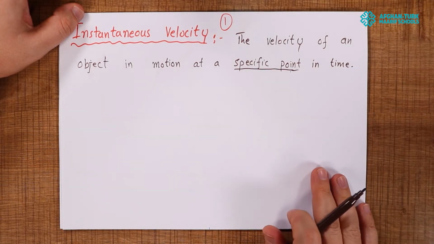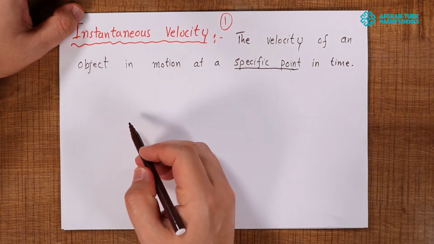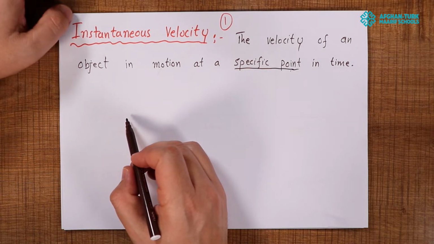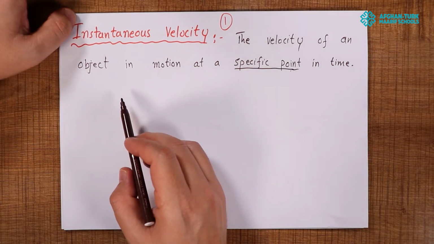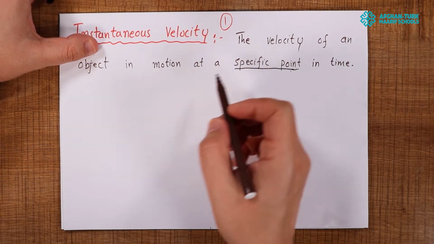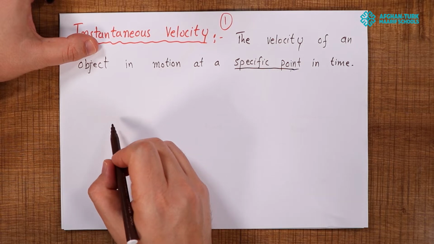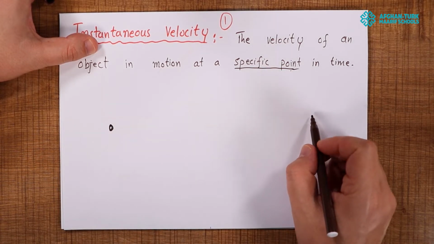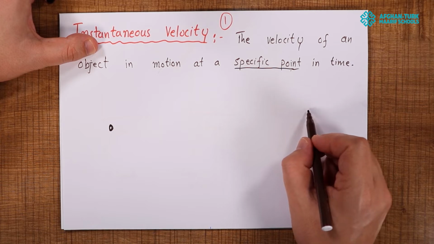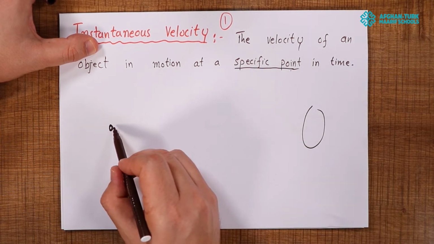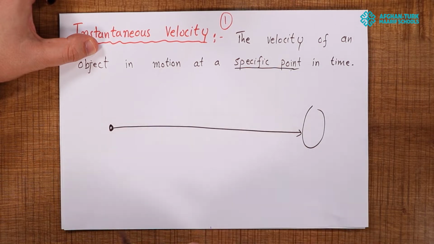For example, what does it mean? I just show one example here. This example will clear up what instantaneous velocity is and what this specific point is. For example, this is the school and this is our home. So now we are going toward home.